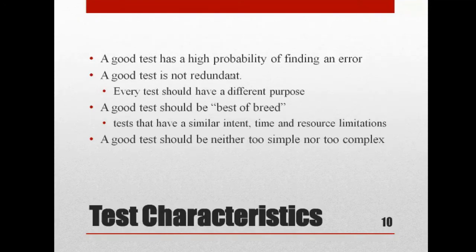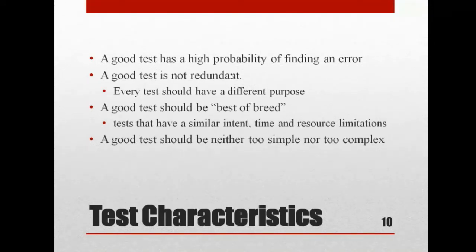The development time may be 3 or 4 months, but the testing time may be 2 or 3 days, maybe 4 days. Within that you have to give the report. That is why if there is a possibility to group the tests, that is what is called best of breed. You have to check for the intent, time, and resource limitations. Then you can group the tests and execute them. That is also a good test.